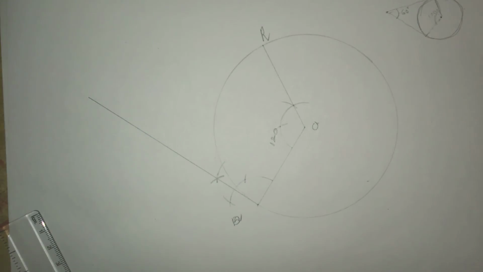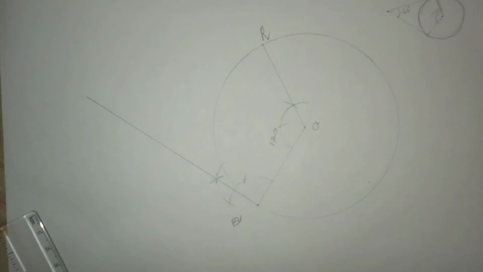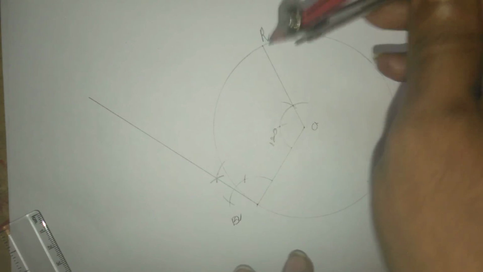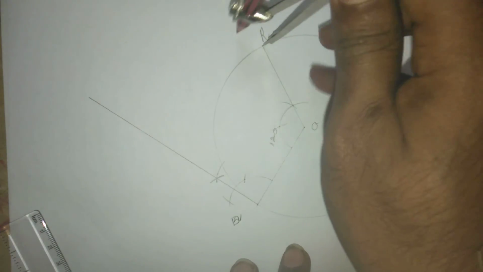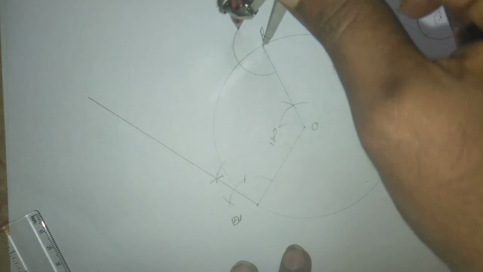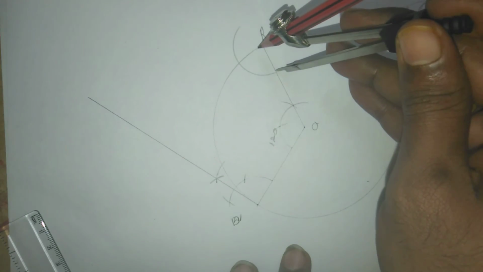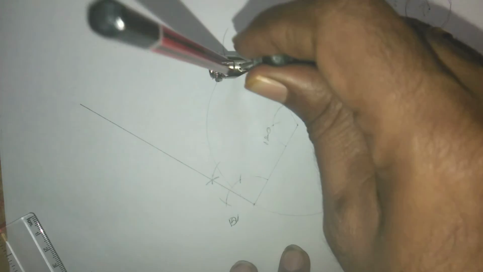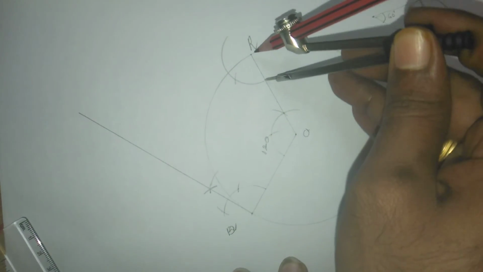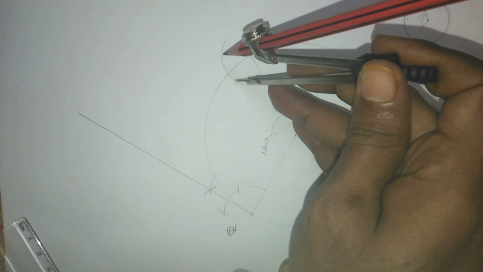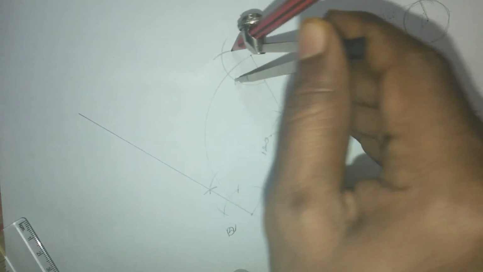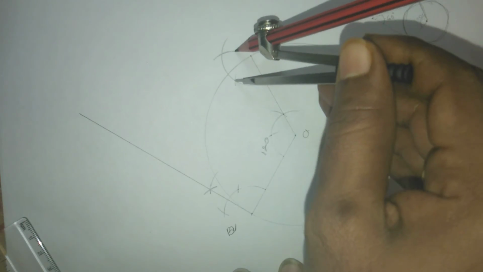Now do the same thing at R also. What we have to do? First we have to construct 90 degrees. How to construct? First draw one arc, R as center of any radius, and without changing, put the compass here and intersect it. If you intersect, it is 60, but we need 30 more. But 30 directly we cannot draw. That means first do one more intersection. Then 60 plus 60, 120.